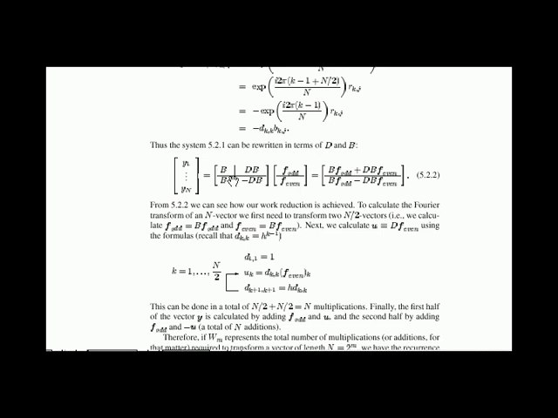If it's not, then this doesn't work as well. There are much more complicated ways to make it efficient if it's a power of 3, for example. But basically, if n is a prime number, there's nothing to be gained by the fast Fourier transform. So we're going to assume that n is a power of 2 in order to take full advantage of the fast Fourier transform.